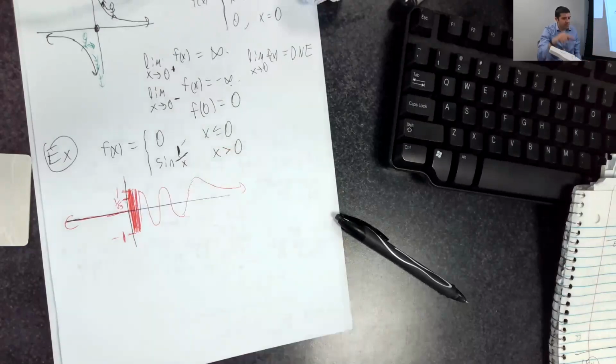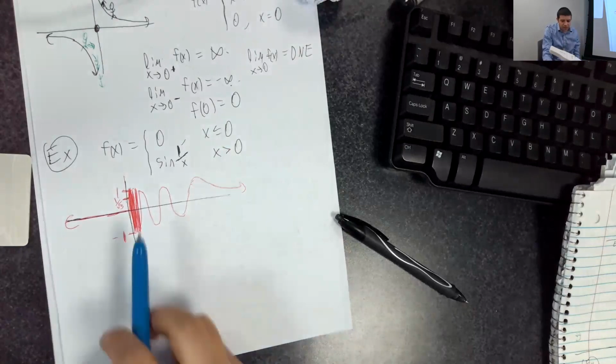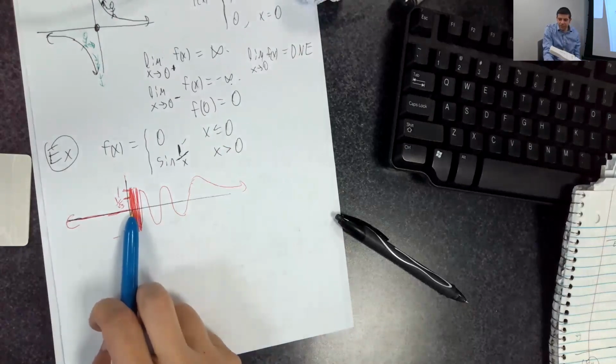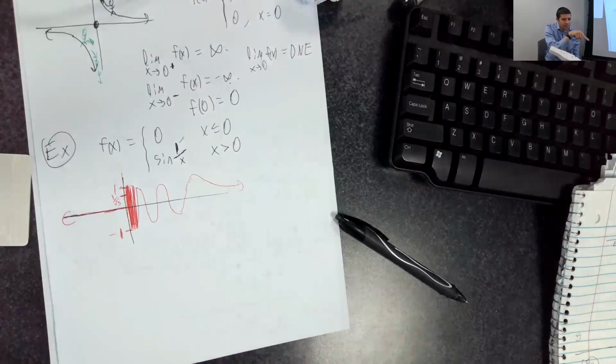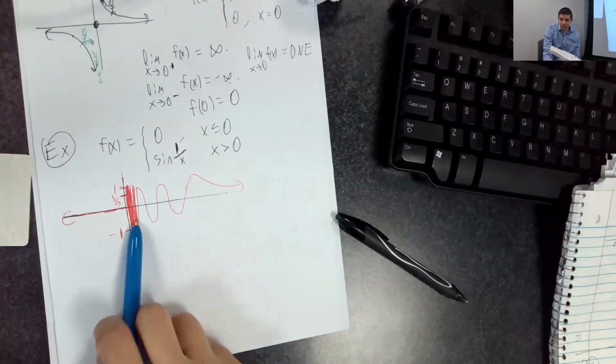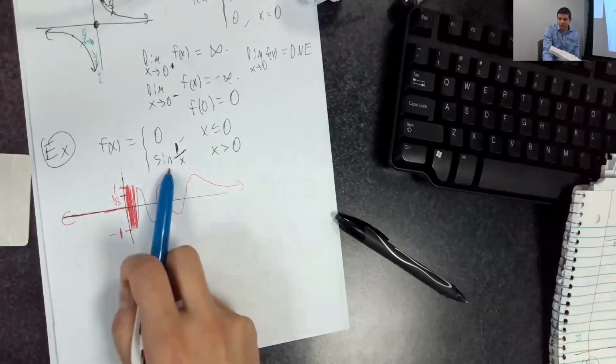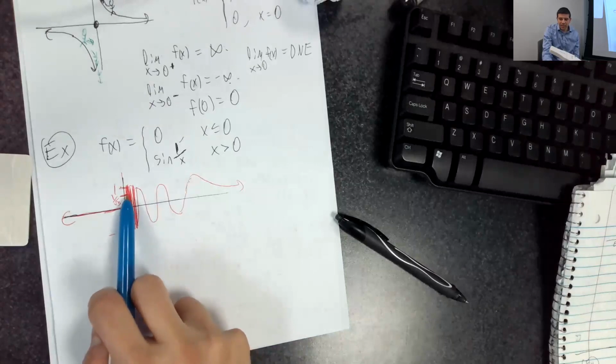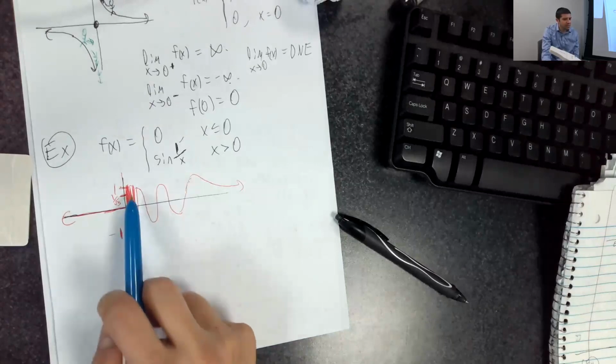I don't have one single y value that it's approaching. Pick any y value that you like between -1 and 1, and I can find you a bunch of small x values where the wave is hitting your favorite y value. If you like 0.5, I'll give you a bunch of small x's where this sine wave is hitting 0.5.